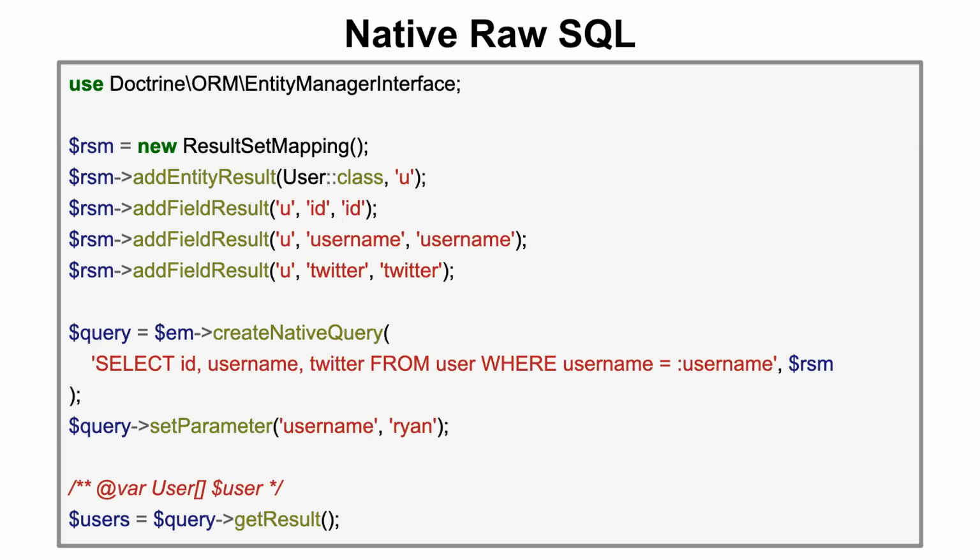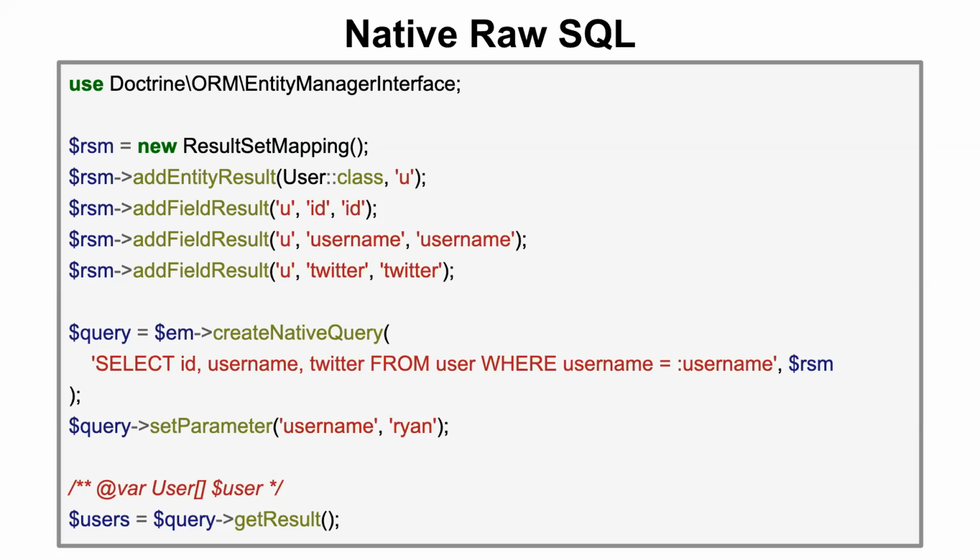But if you have a very custom SQL query, or say you want to take advantage of some very specific feature of a relational database, you can always write a very specific, explicit SQL query and use the native query builder, and then explicitly map the data returned by that SQL query to an entity that Doctrine knows about using the ResultSetMapping class.